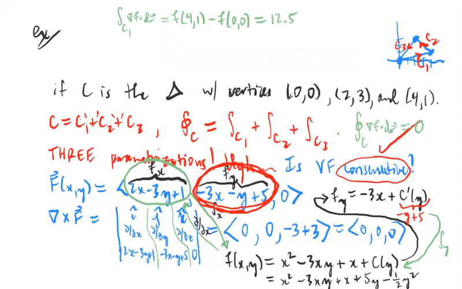Okay, so let's do the second one here. What about the integral over C2 of the gradient of f dotted with dr? Well, that's going to be f of (2, 3) minus f of (4, 1). f of (4, 1) was 12.5. So now we just have to figure out what f of (2, 3) is. 2 squared is 4. 2 times 3 is 6.